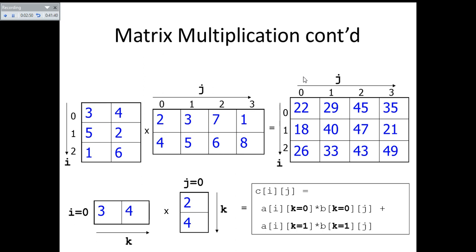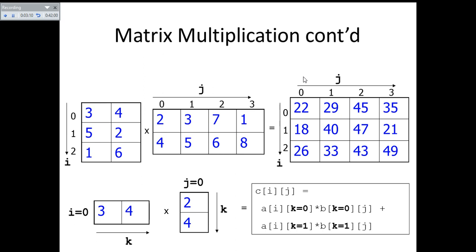The logic is C of i comma j, that is, we get only a single element, C of i comma j, which is A of i comma k into B of k comma j. The first time k is 0, so k is repeated one time. After that you will get the partial product of your summation.